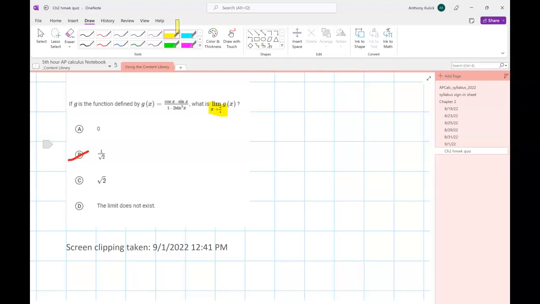Yup. All right. So the easiest way to do this, I think, is to use some trig identities. So the trick that I'm going to use is I'm going to replace 1 with cosine squared plus sine squared.